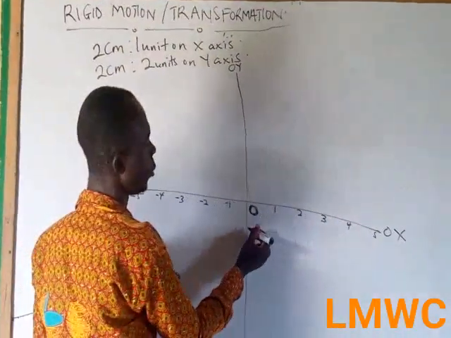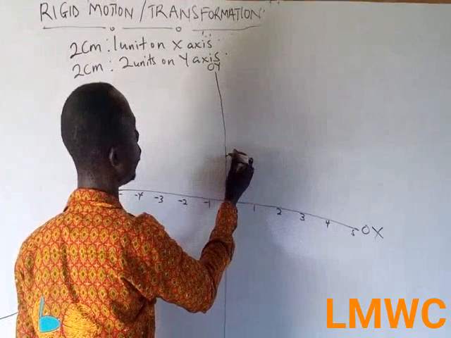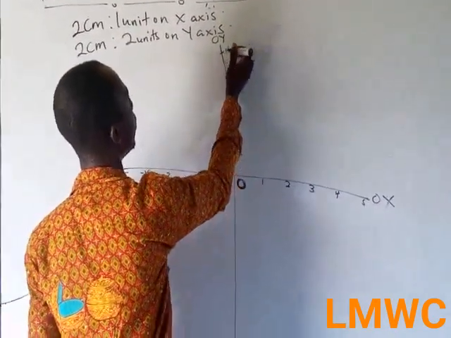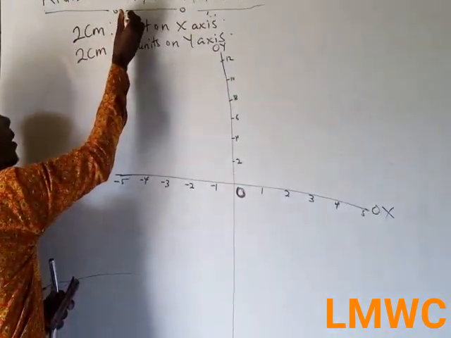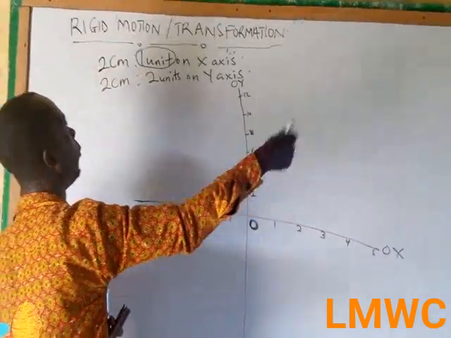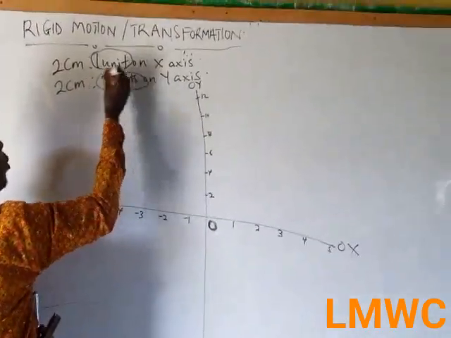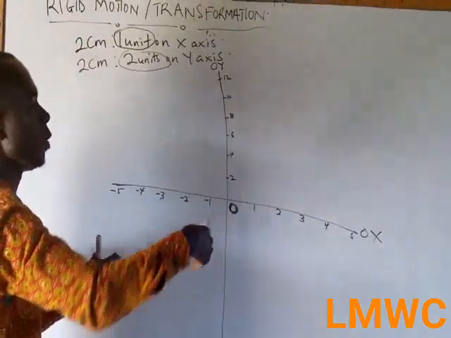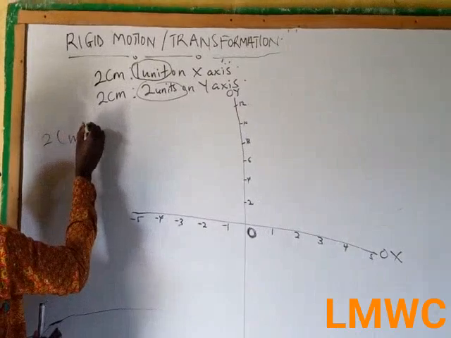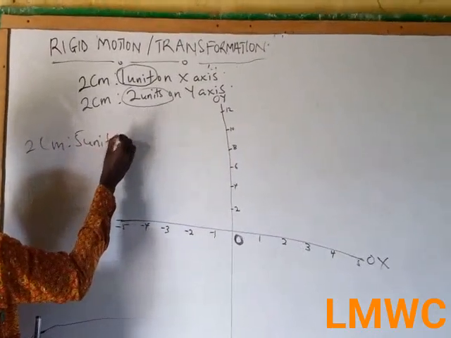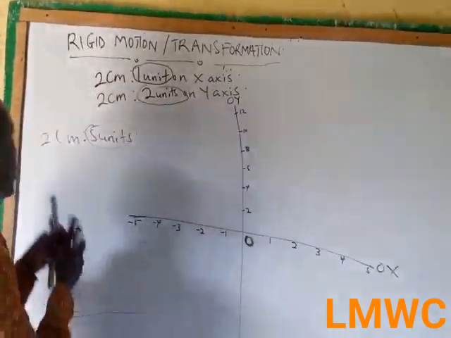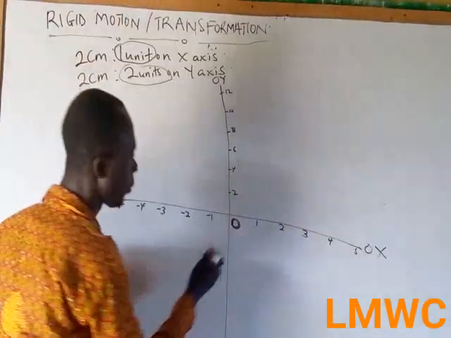This means we label here 2, 4, 6, 8, 10, 12. So you see, always if they say 1 unit, you start from 1, 2, 3, 4, 5. 2 units, you start from 2, so you'll be adding 2 to it: 2 plus 2 is 4, plus 2, 6, 8, 10. 2 centimeters to 5 units, you start from 5: 5 plus 5, 10, 15, 20. So the scale is not difficult.